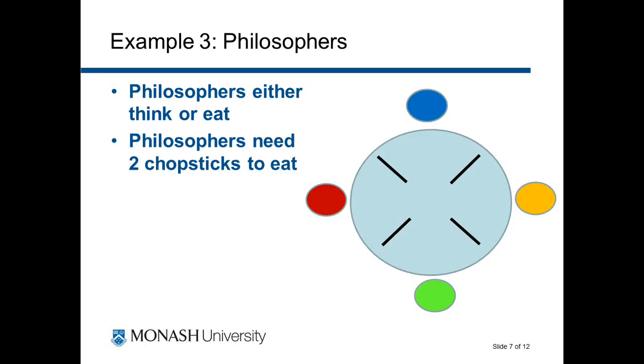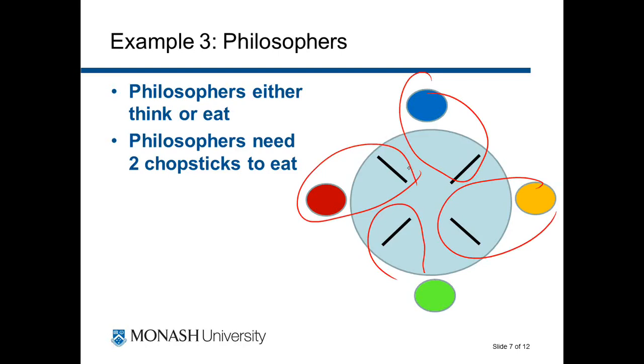Random person 2. Older one of you two. You would end up with each philosopher grabbing one chopstick each. So this guy grabs this chopstick, this guy grabs this chopstick, this guy grabs this chopstick, this guy grabs this chopstick. We wait forever.